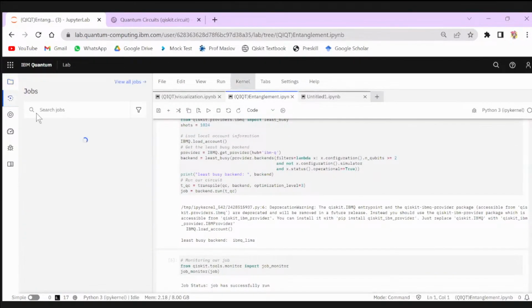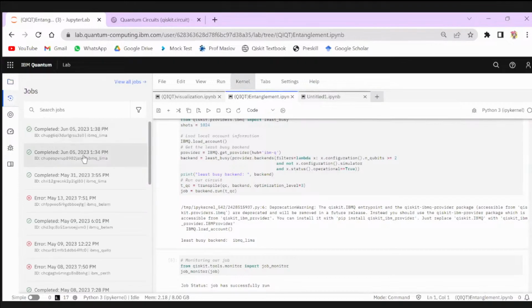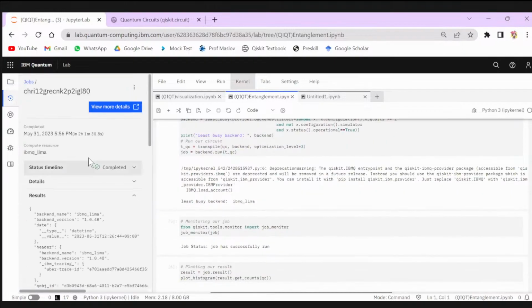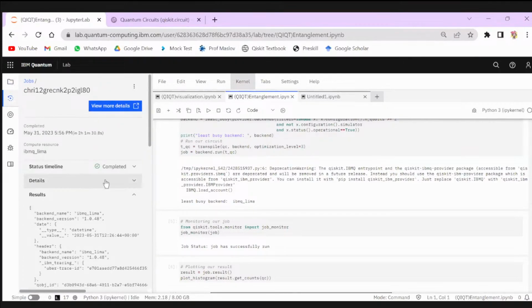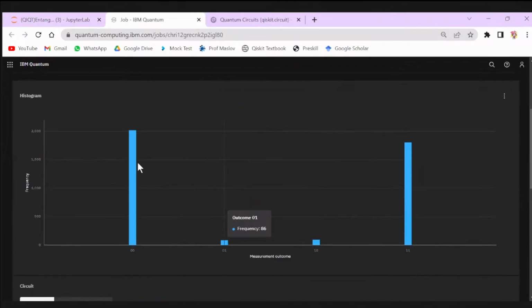If you see the jobs file and click on the job from 31 minutes ago, we ran our circuit in a real quantum computer. If you go to view more details, you can see we get the result. In the Bell state, we'll get 00 and 11, but in a real quantum computer, there will be some noise.